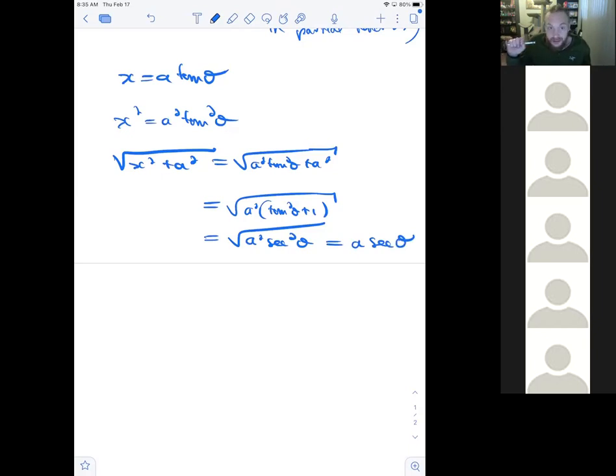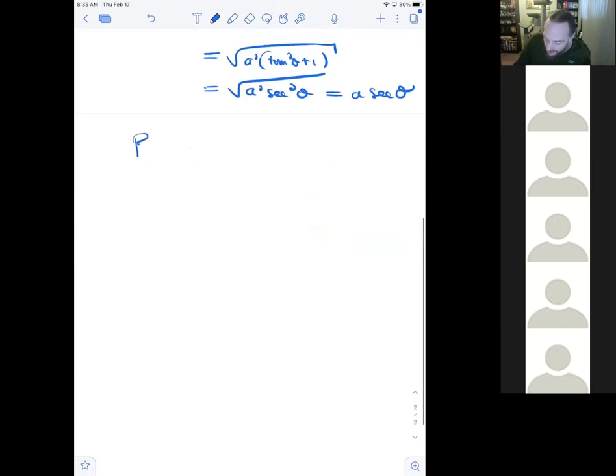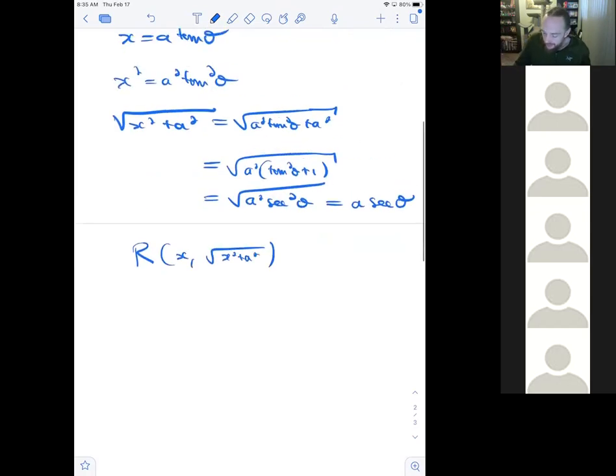The trigonometric substitution is a way of getting rid of the radical, if we have a function which is rational in x and the square root of x squared plus a squared, where that means it just has powers of those types of things in there. If I make this substitution, I can turn it into a function of theta.